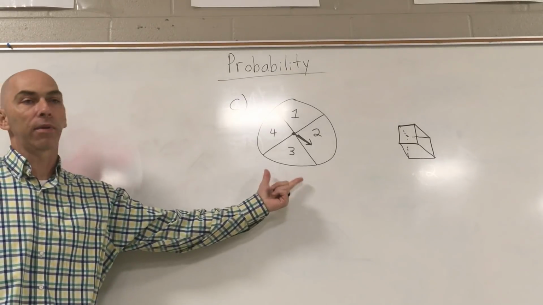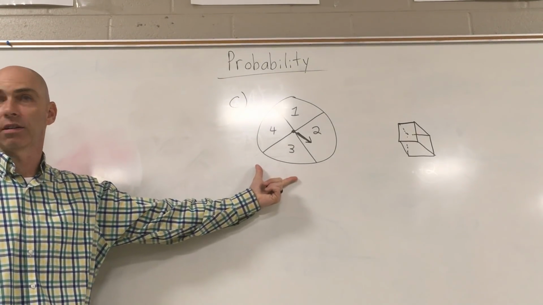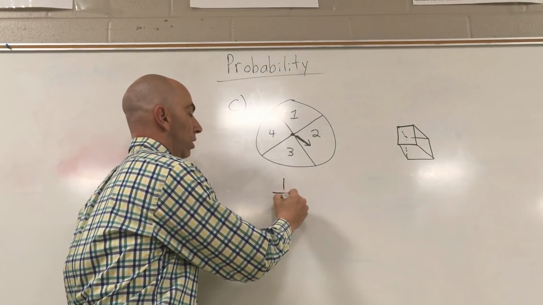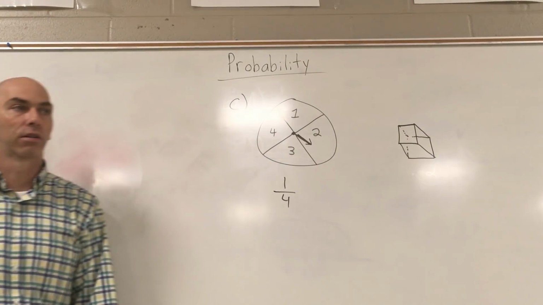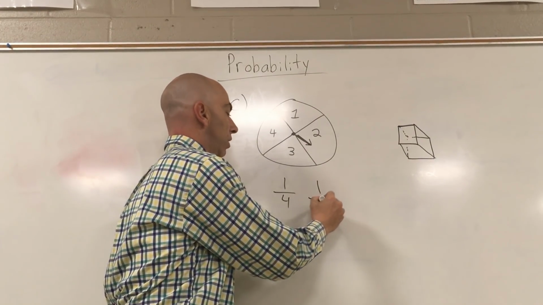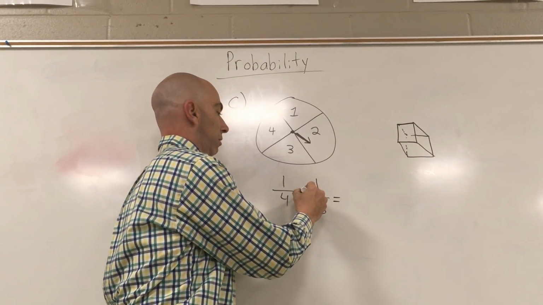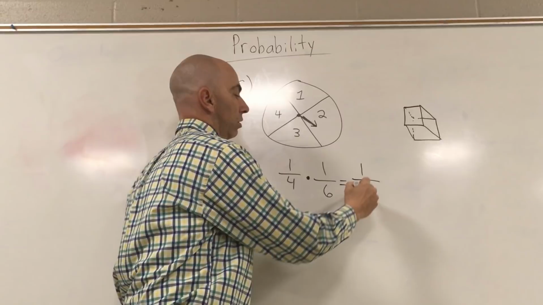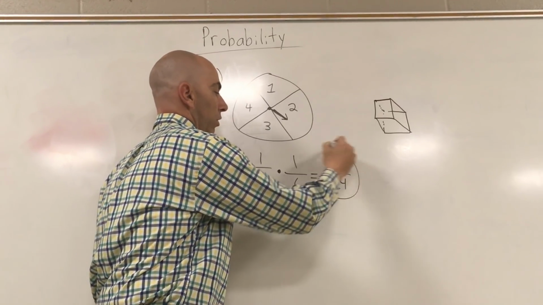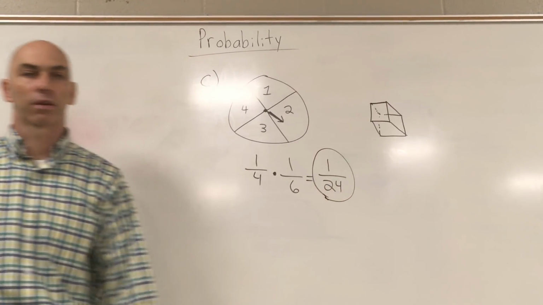So what's the probability of me landing on 3 here? 1/4. What's the probability of me rolling a 3? 1/6. And what do we need to do with those two fractions? Multiply. 1 over 24. Pretty good. Not great odds, but not too bad.